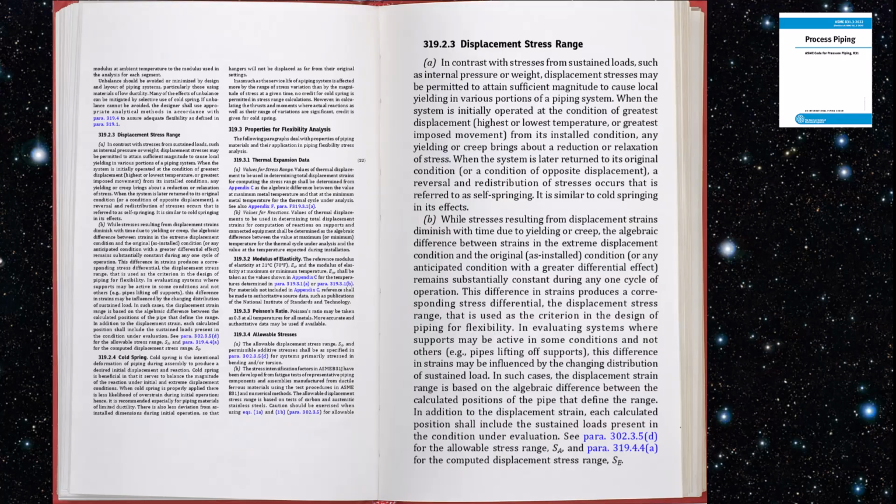ASME B31.3 installs a very important clause in this paragraph that actually carries through the software for piping stress, through concepts when you look at displacement stresses, and that is the stress-free state, defined here to be the installed condition.